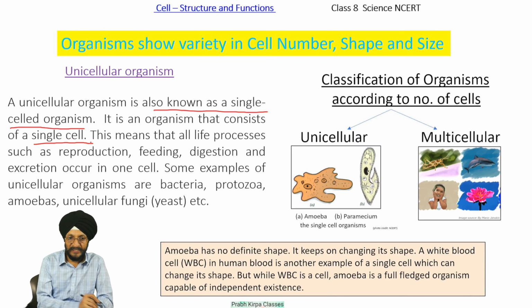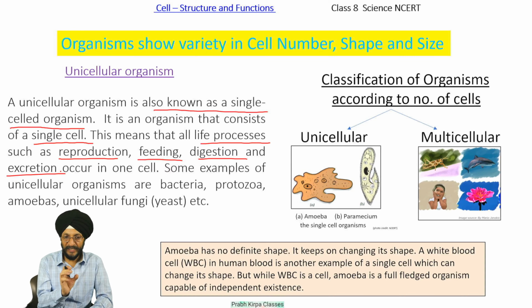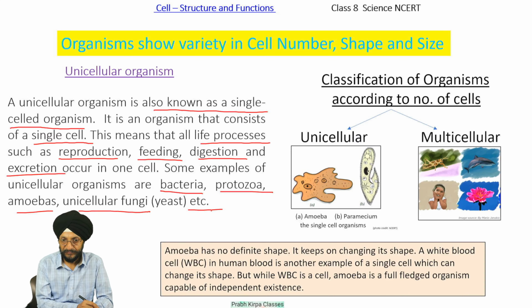It means that all the life processes such as reproduction, feeding, digestion, excretion, etc. occur in one cell only. Some examples of unicellular organisms are bacteria, protozoa, amoebas, unicellular fungi, etc. We can classify the organisms according to number of cells they have.